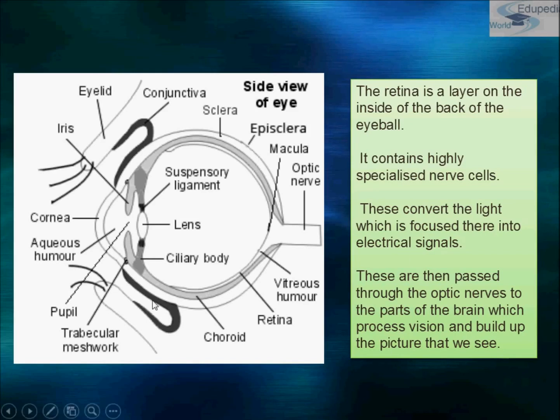This is your eyeball, and this is your retina, and this is your optic nerve. It contains highly specialized nerve cells, which we'll be studying in detail, but for the time being, just know that the retina contains highly specialized nerve cells.